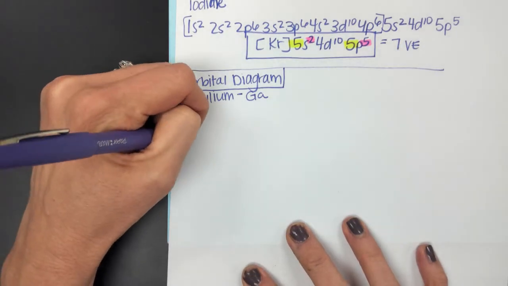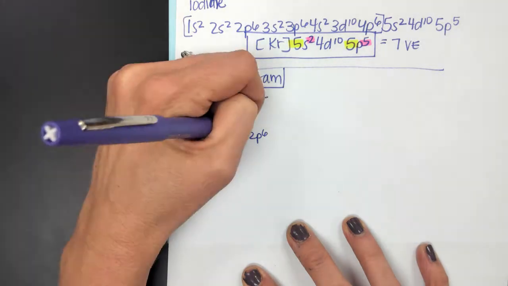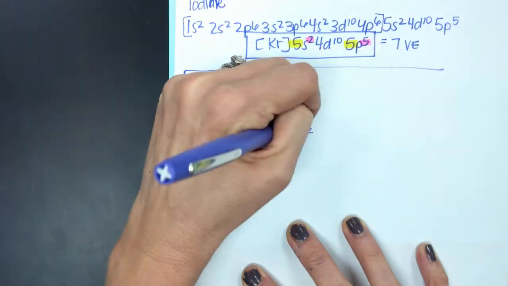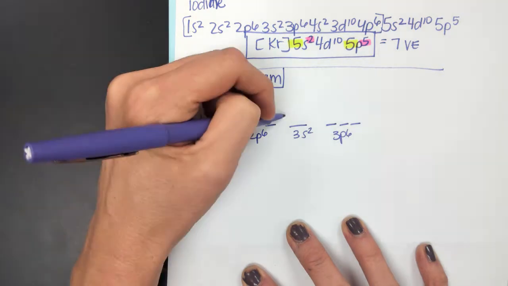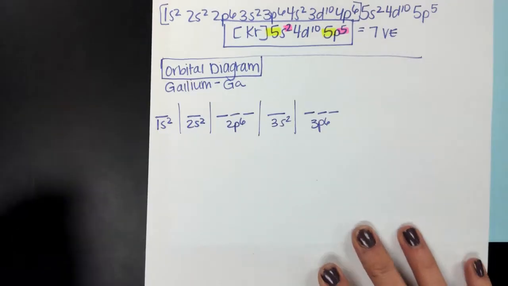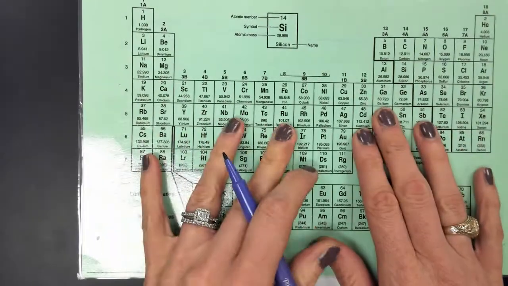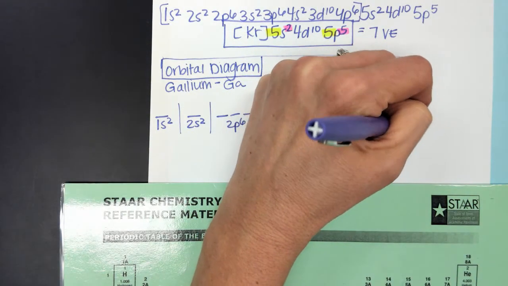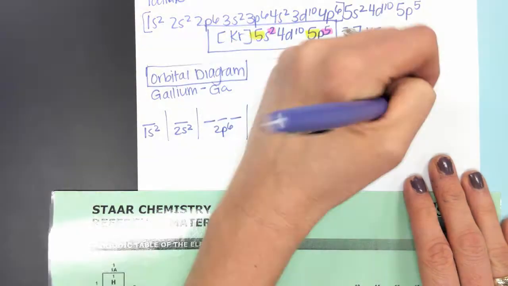Okay, so 1s2, 2s2, 2p6, 3s2, 3p6, and again, you can split those up if that's getting too run together, okay? 4s2, we are on gallium's energy level, so I'm going to slow down and make sure I'm doing this right. 4s2, 3d10, and D has 5 orbitals, okay?